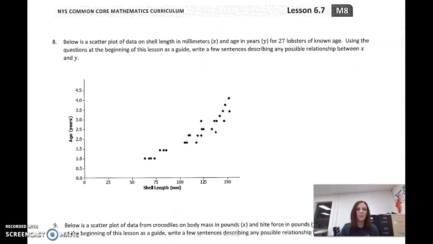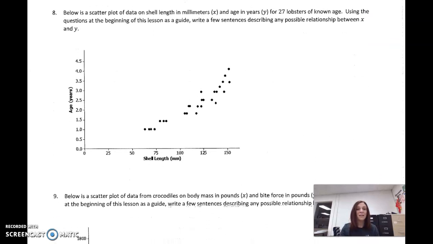Below, the scatter plot is on shell length in millimeters and age of a lobster. Okay, 27 lobsters. Shell length and age. So as our shell length is increasing, what is happening to our age? Well, I'm kind of getting a curve here. Do you guys see this?